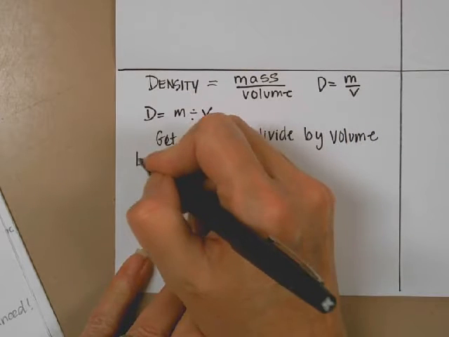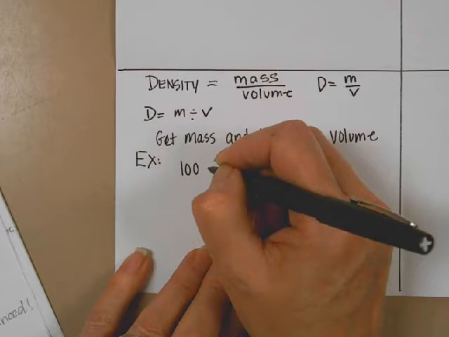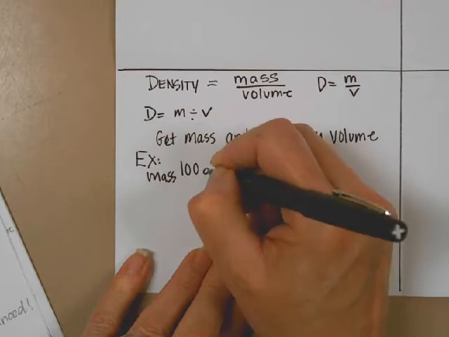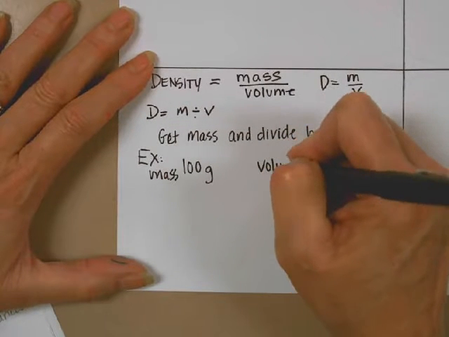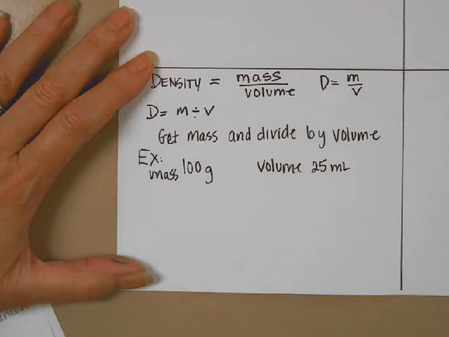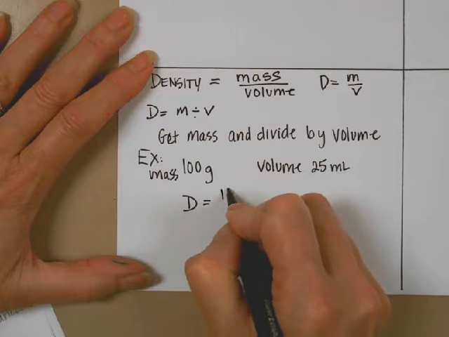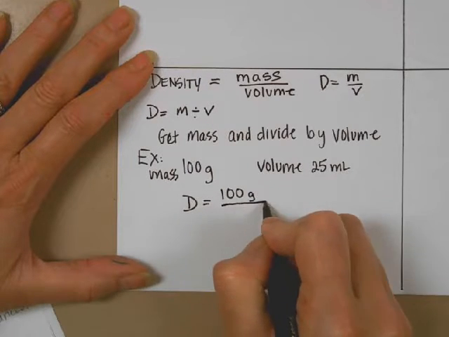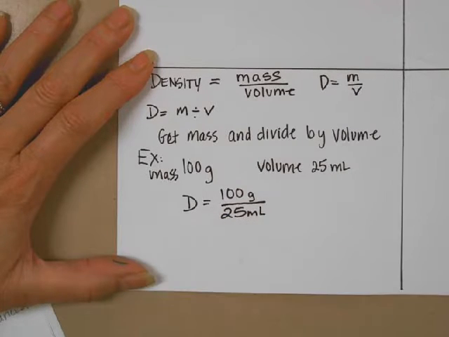So for example, if I have something that has a mass of 100 grams, and volume is 25 milliliters. So I'm going to take density as mass, which is 100 grams, over volume, which in this instance is 25 milliliters.